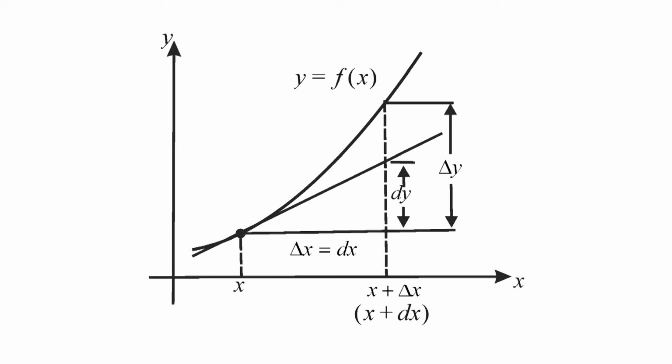Then delta y represents the change in y that occurs when we start at x and travel along the curve y = f(x) until we have moved delta x = dx units in the x direction, and dy represents the change in y that occurs if we start at x and travel along the tangent line until we have moved dx = delta x units in the x direction. From the figure, it can be seen that the values delta y and dy may be different in general.